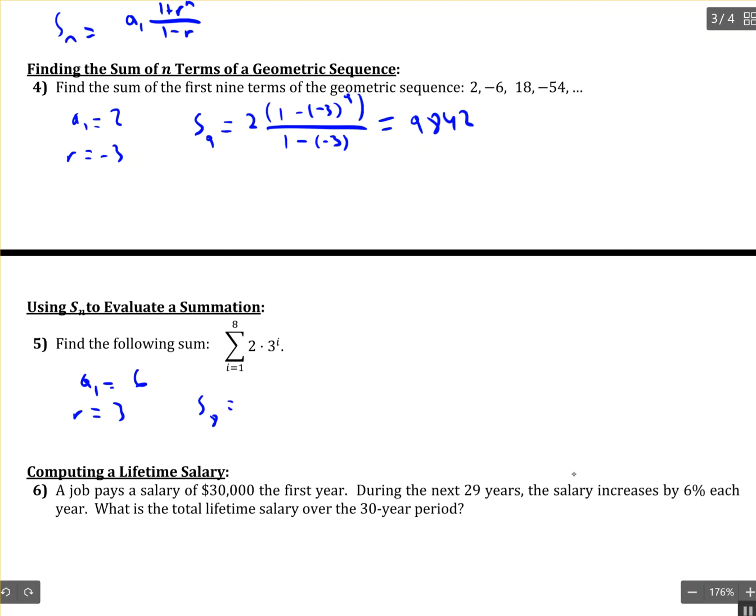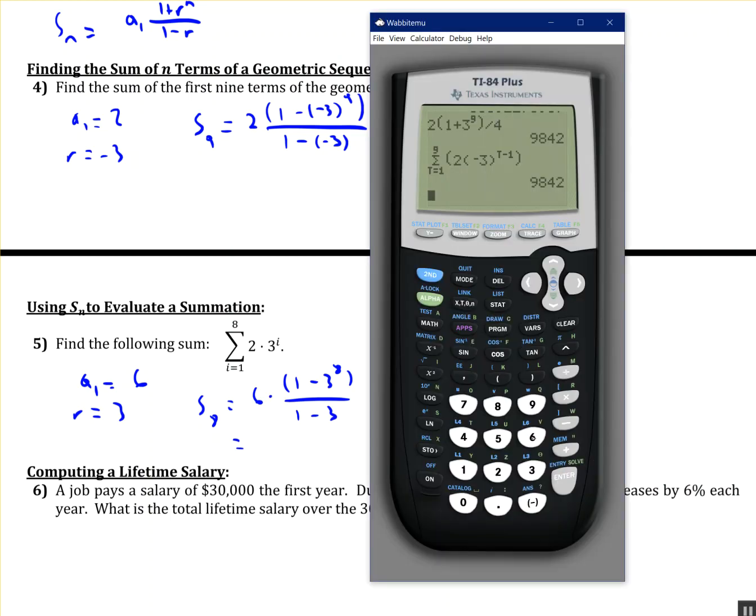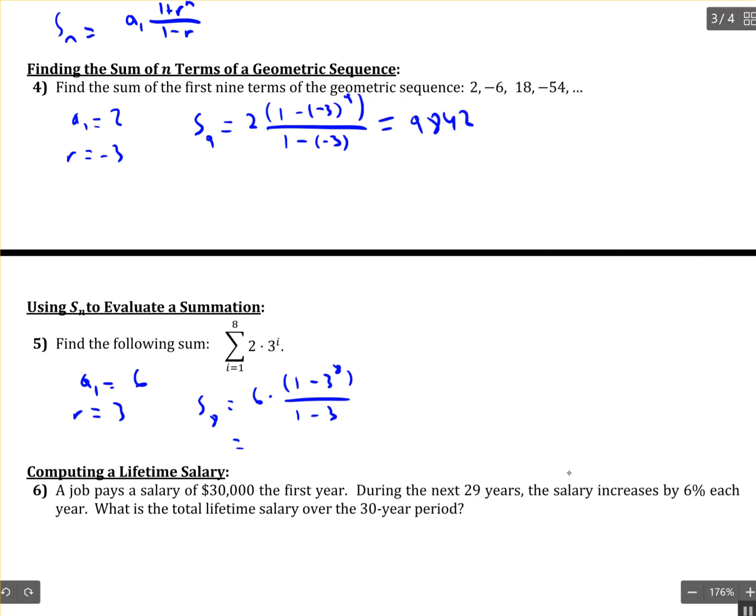So 6 times 1 minus 3 to the eighth over 1 minus 3. So 6 times 1 minus 3 to the eighth divided by negative 2. I get 19,680.